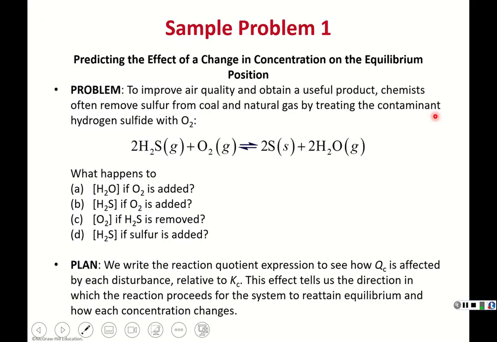Okay. So let's try a conceptual problem here. So here we have a reaction where hydrogen sulfide plus oxygen goes to sulfur and water. Okay, and this is, as the problem states, a reaction that can improve air quality, removing hydrogen sulfide, which is a poisonous gas, and converting it into things that are pretty benign, sulfur and water. Okay.